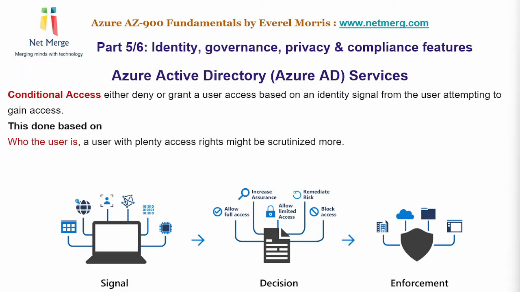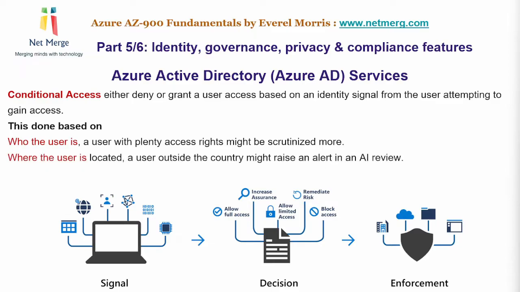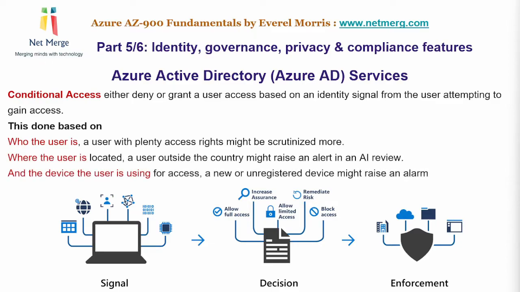So you get a signal someone is trying to log on, and the system will try to make a decision whether to deny or grant access, or enforce and ask for additional information. That's a part of conditional access. That's how it works, and it factors into the overall security posture and security access in Azure. Now let's move on.